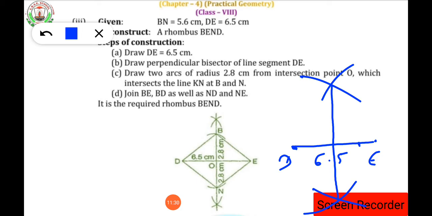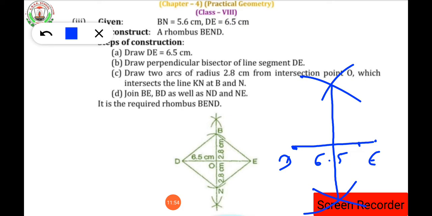Clear up to here? Then you have to draw two arcs of radius 2.8 centimeter from the intersection point O, which intersect the line KL at B and N. Now you have to measure 2.8 centimeter. Clear?